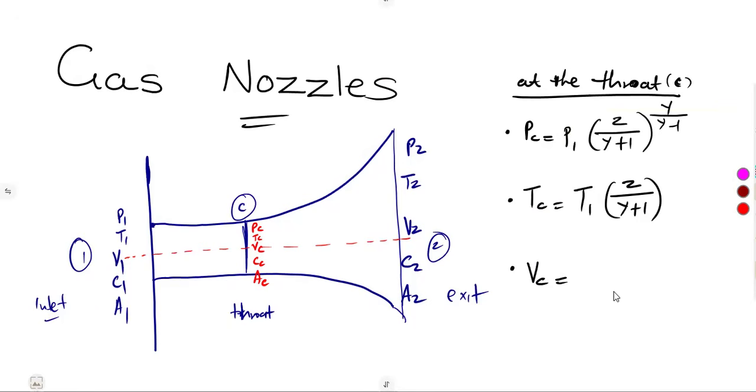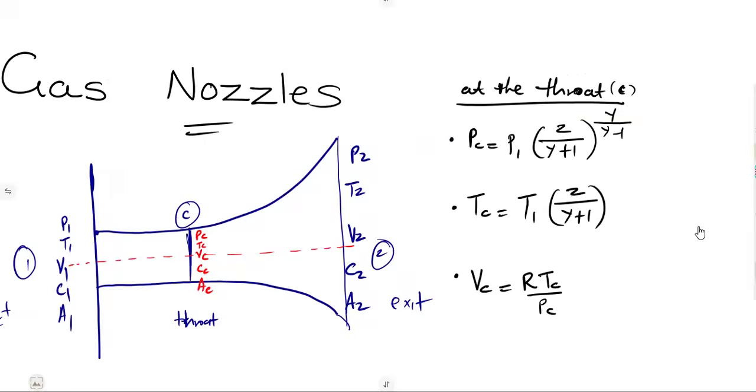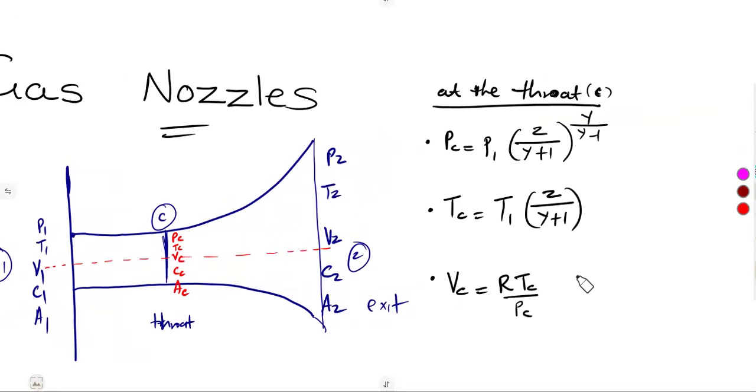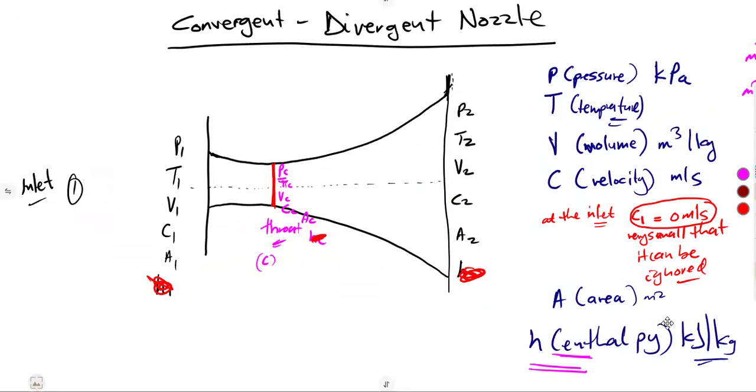We take our mass to be 1 kilogram for that moment, so our formula will be given as RTC over PC. The reason is that we are using the mass at that moment to be a kilogram. So this volume that you are calculating is going to be in cubic meters per kilogram. I think I mentioned that one in our previous class.